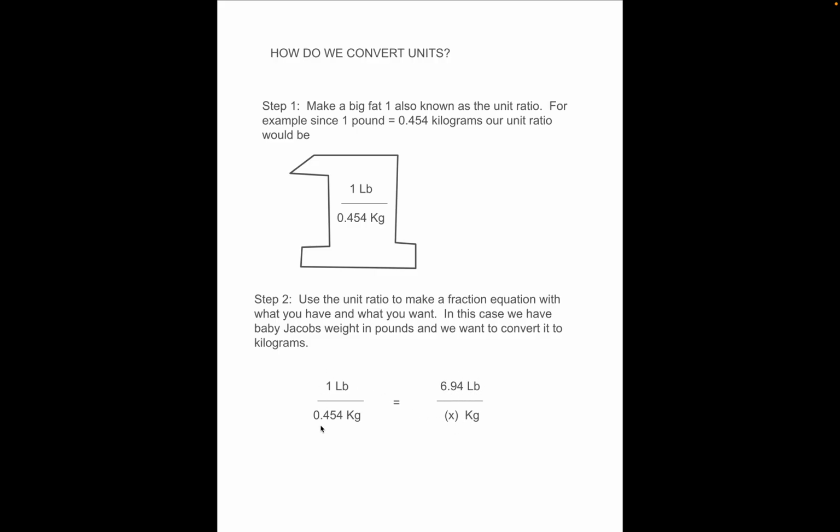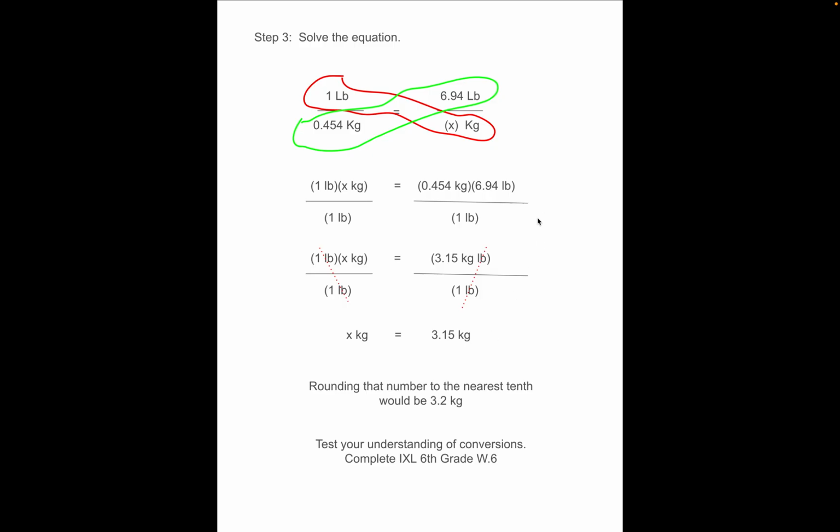Then we cross multiplied, and the cross products are equivalent. We divide, and you're going to need a calculator for this. Then x kilograms is equal to 3.15 kilograms. Then we round to the nearest tenth, and that was our answer.